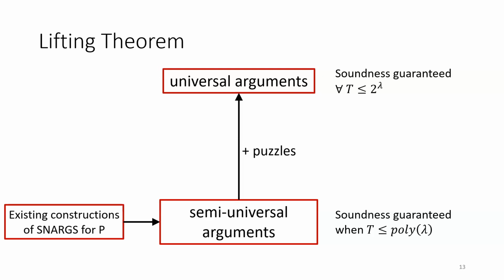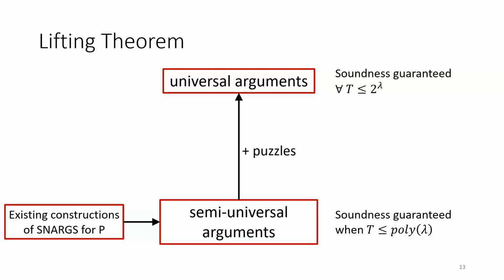Because, as I mentioned before, all existing constructions of SNARGs for P actually give us a semi-universal argument under polynomial assumptions. So basically, what we need to show is how to take an argument where soundness only holds if T is polynomial and lift it into an argument where soundness holds for any T.